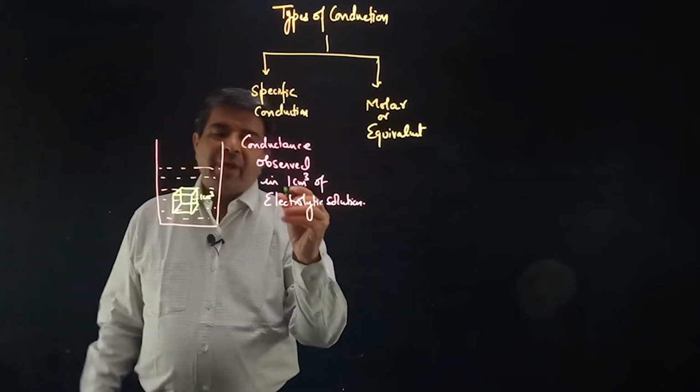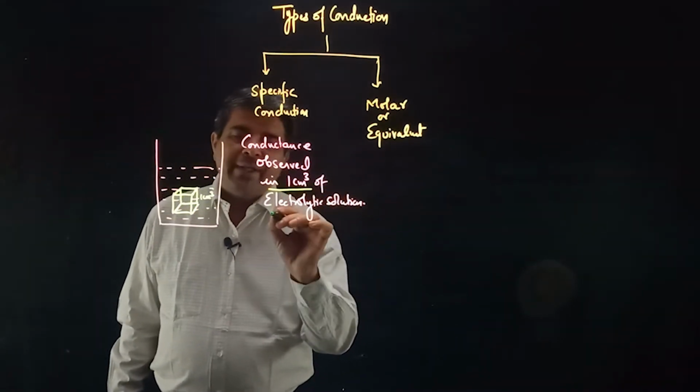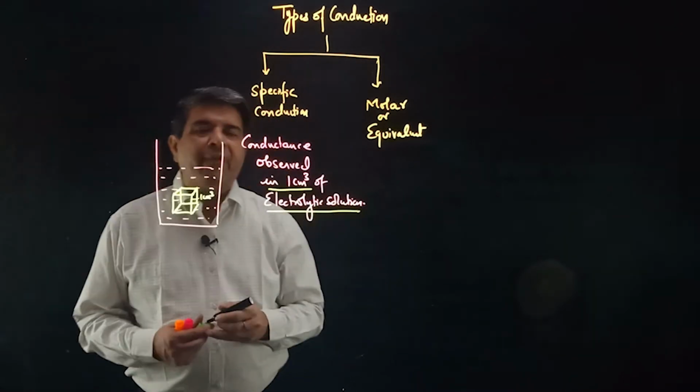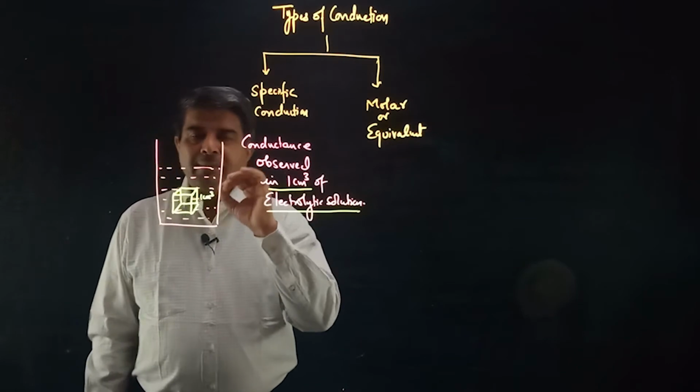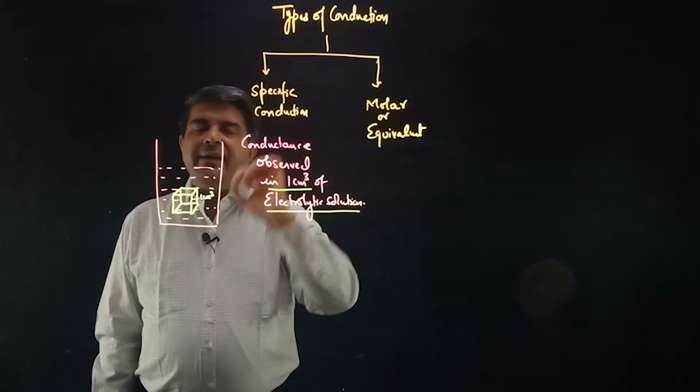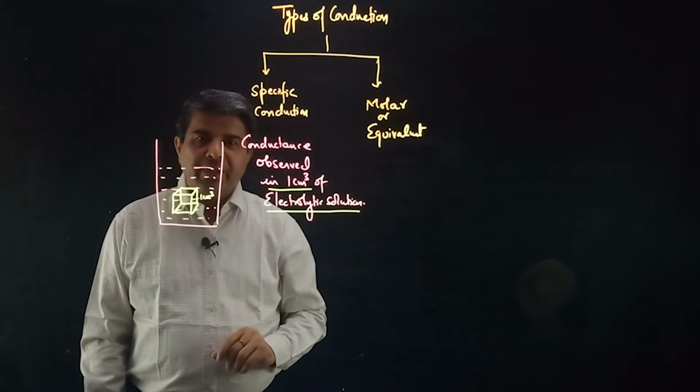So it is important to remember that 1 centimeter cube of electrolytic solution would always characterize the specific conduction of that solution.